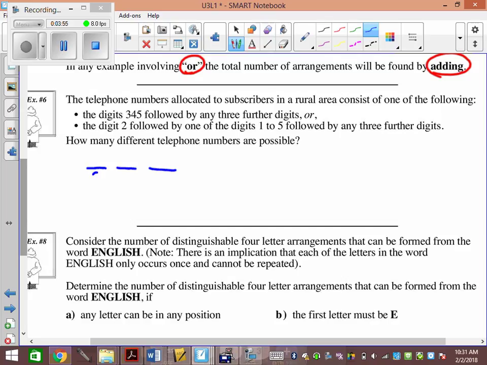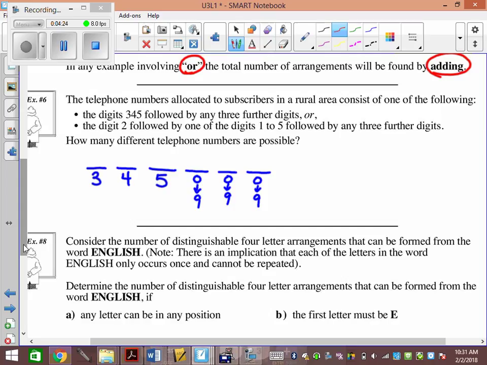So the option for this one is 3, the option for this one is 4, and the option for this one is 5. 3, 4, 5, followed by any 3 further digits. Does it say they can't repeat? Say anything about that? No, so then we assume that we can. So our options are 0 to 9, 0 to 9, 0 to 9.